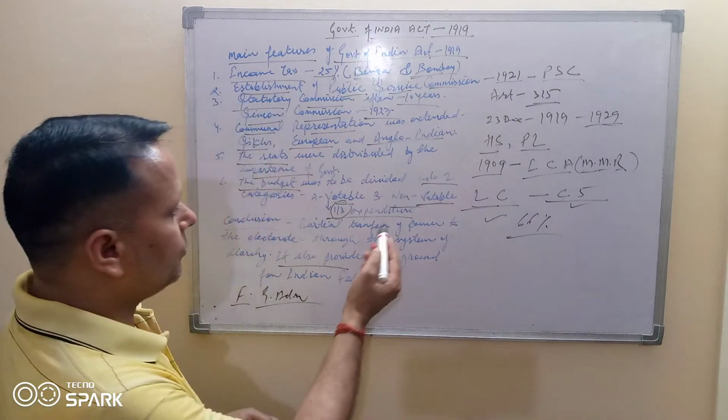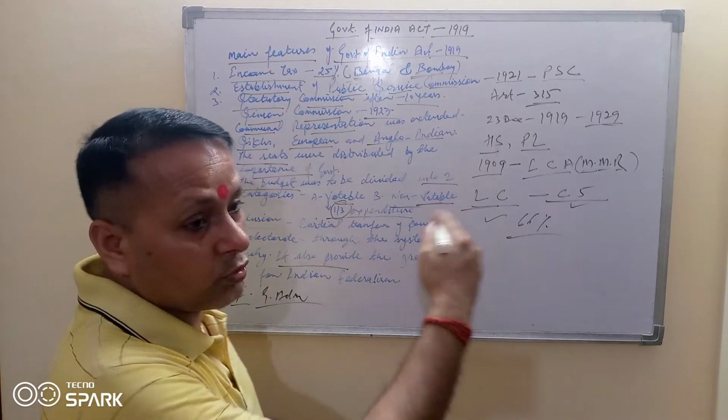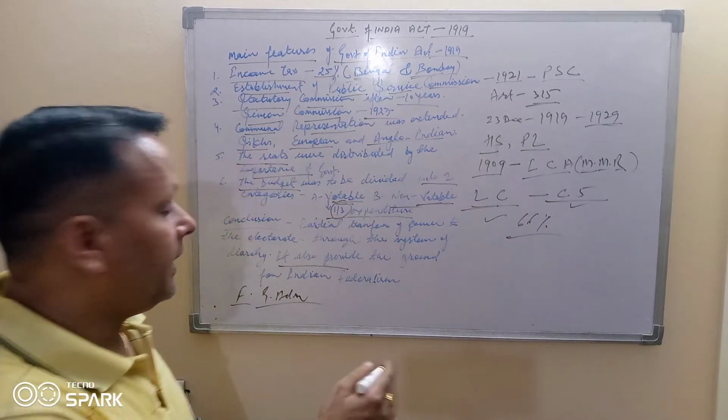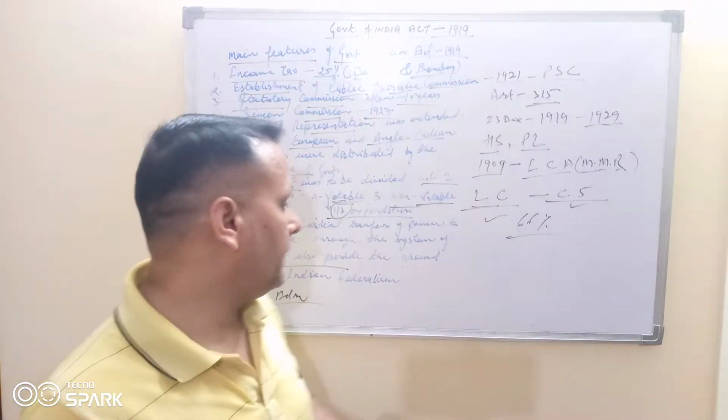Financial, as we know, only one third of the expenditure of the total budget is votable, and the remaining 66% is not votable. That means there is no responsibility.